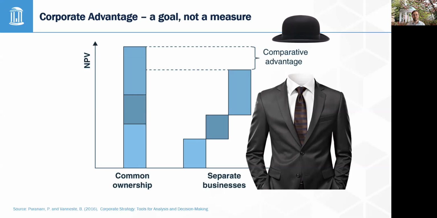So anything that you're trying to multiply in order to estimate the value has already been affected by the corporate synergy. So this is not something that you can measure. Instead, you need to think about how value is being created and what alternative ways of organizing could create similar value or perhaps even more value, and use that to argue for the existence of corporate advantage or not.